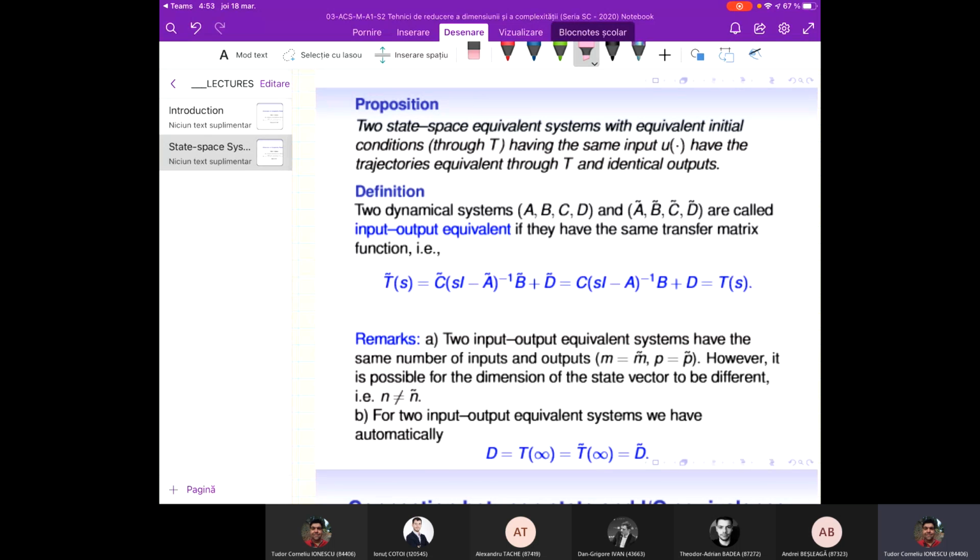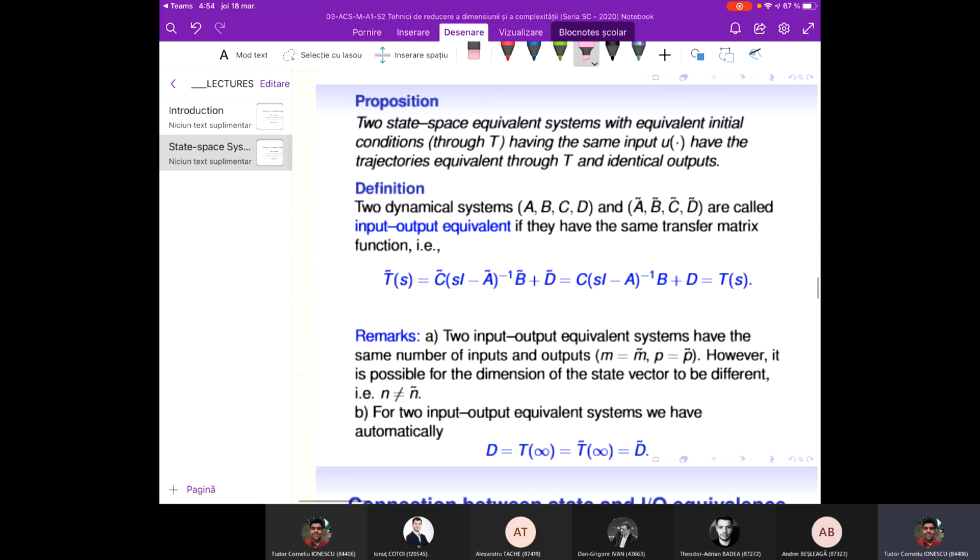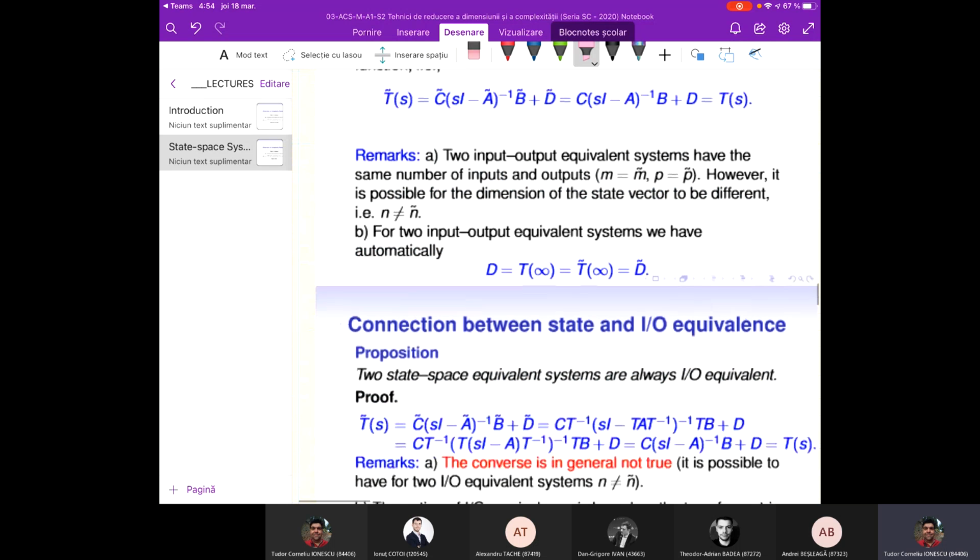Only the shape of the ABC matrices changes. Two dynamical systems A, B, C, D and A tilde, B tilde, C tilde, D tilde are called input-output equivalent if they have the same transfer function, so if T tilde is equal to T. And now we have two remarks.